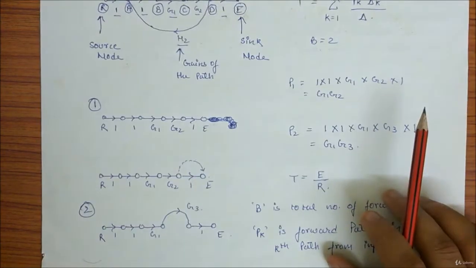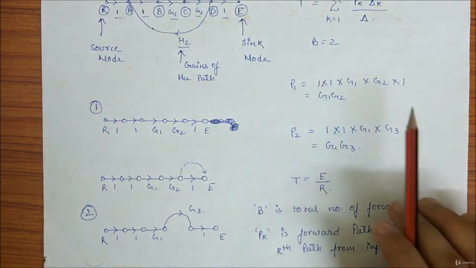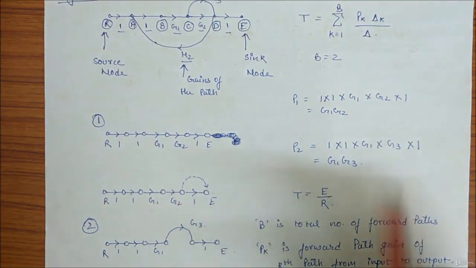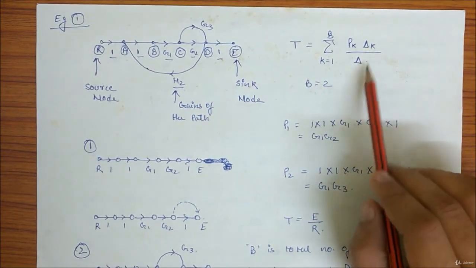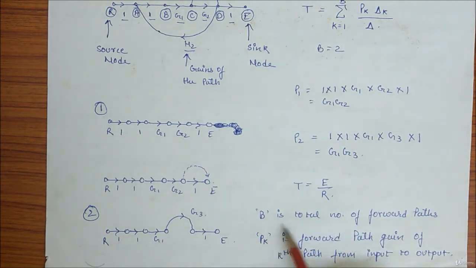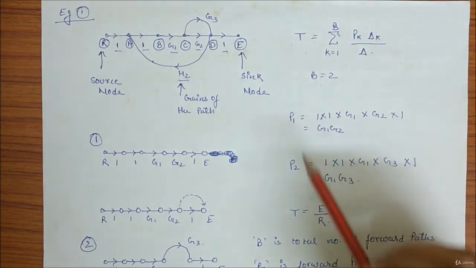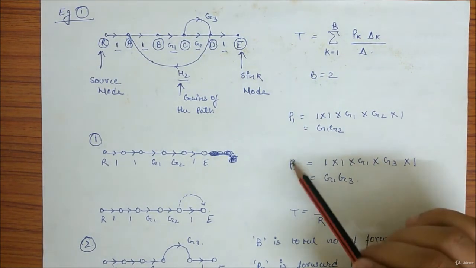These two parameters I wanted to show you in this slide. The rest of the parameters, del k and del, I'll show you later. First you should be clear about the total number of forward paths and the forward path gains. We represented these two terms by b and Pk.